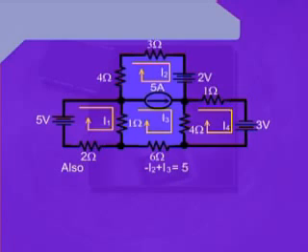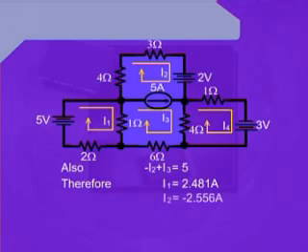Simplifying all these equations, we can work out the values for I1, I2, I3 and I4, which are our desired parameters. Therefore, I1 is equal to 2.481 amperes, I2 is equal to minus 2.556 amperes, I3 is equal to 2.444 amperes, and I4 is equal to 2.130 amperes.